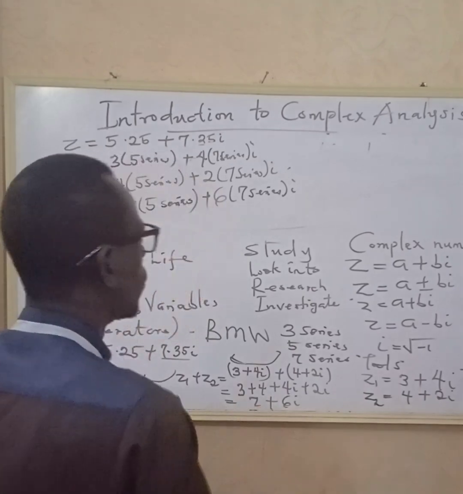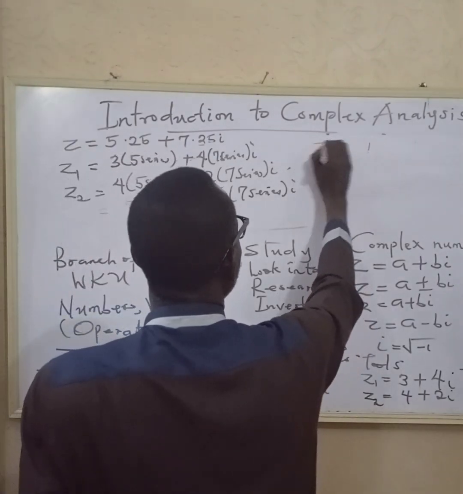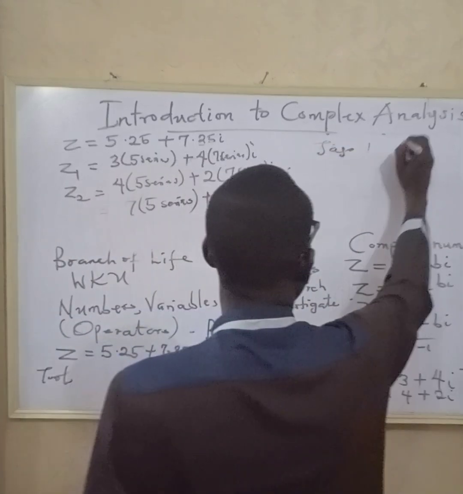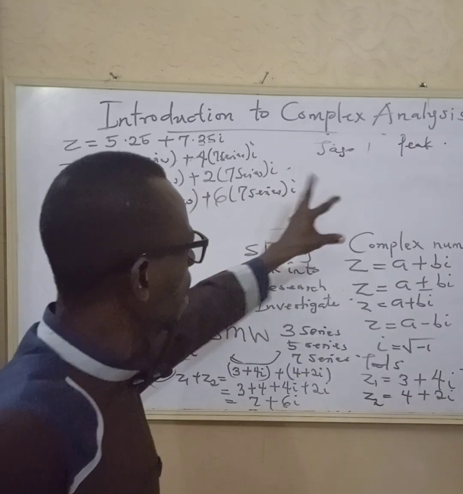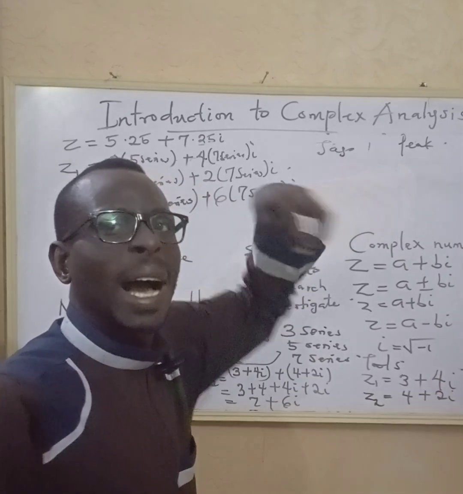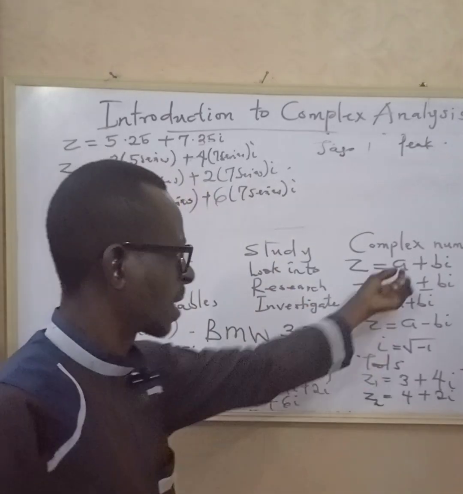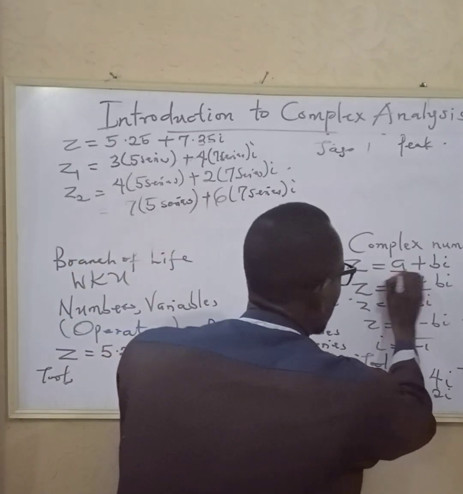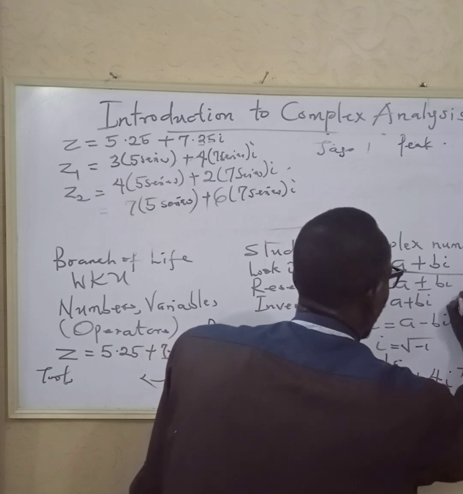Let's assume we have a brand of milk, let's say Jago. Another brand of milk, say Peak. We can see that they are packs of milk, but have a difference in the name. The same way, these are real numbers. And this one in the complex number is called the real number.